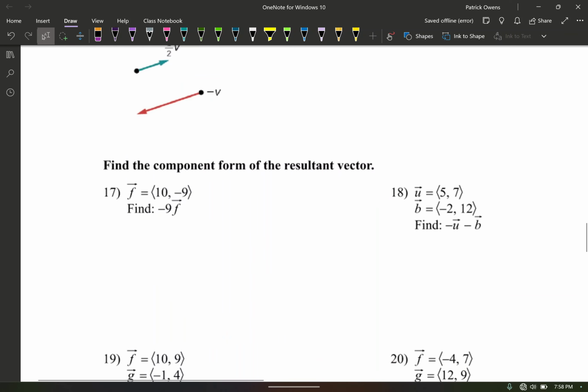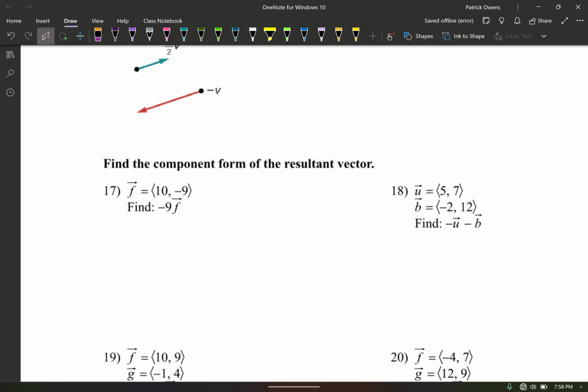The problem will look something like this. We will have an actual vector in component form, and if the vector is not in component form, we will need to write it in component form. So in this case, we have f, and we need to find -9f. So what we end up doing is taking -9, multiplying it by our x component, taking -9, multiplying it by our y component, and our resulting products are going to give us the resultant vector.